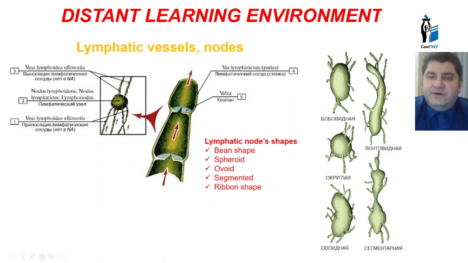You may see a spheroid shape, an ovoid shape like an X, and also you may see a ribbon shape and a segmented shape of lymphatic node. These last two shapes are situated in adult persons.